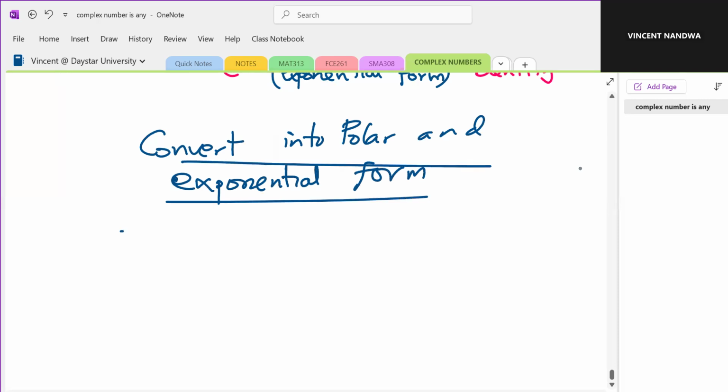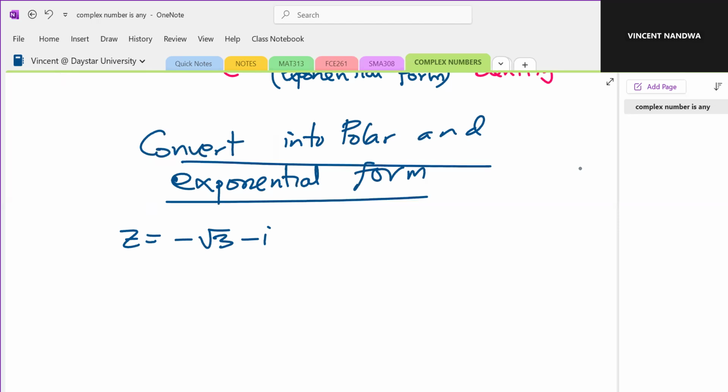So the first one is z equals minus root 3 i minus i. So remember, there are only two things that you need to have in this case.